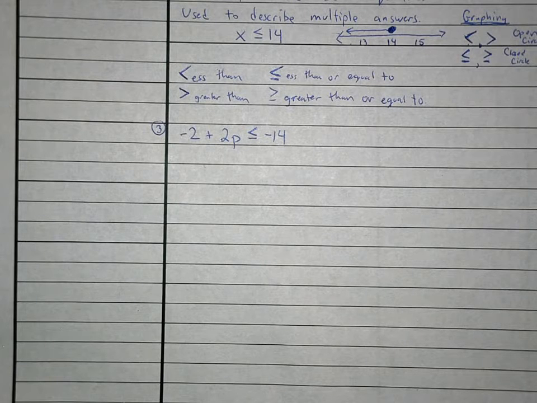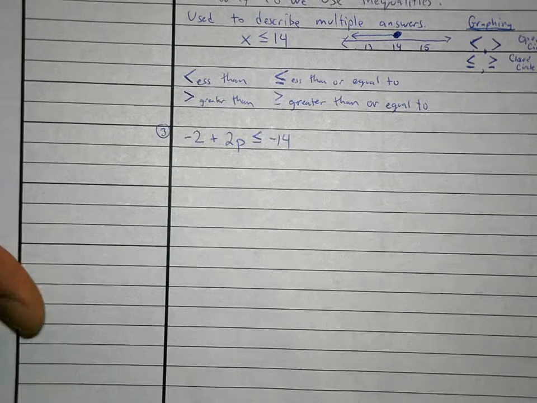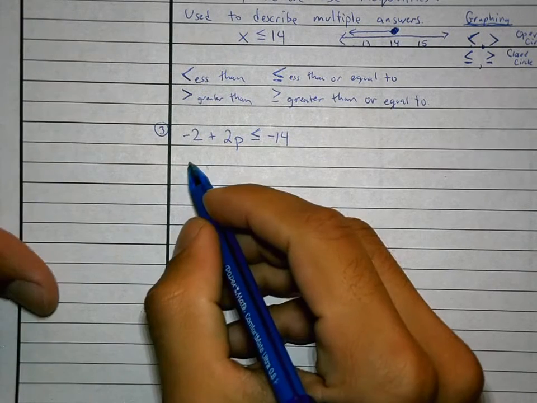I'm going to call on a couple of you to help me do this problem. Michaela, would you tell me what you would move first? What would you get rid of first?